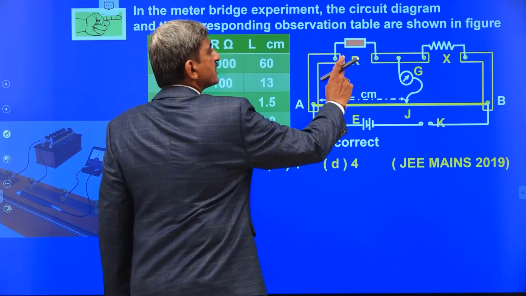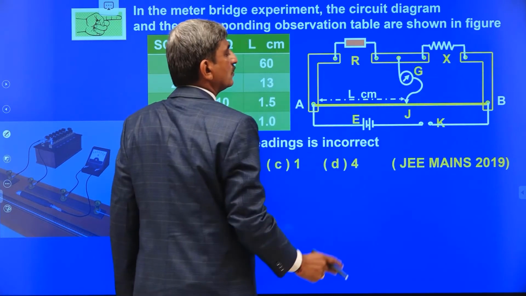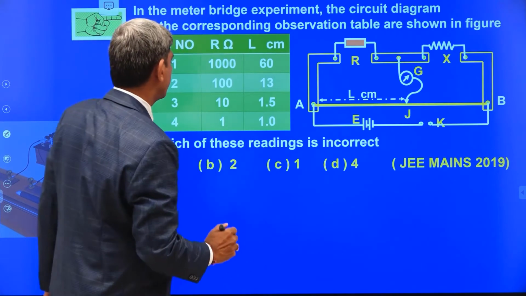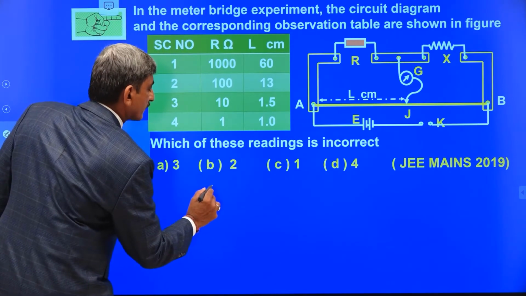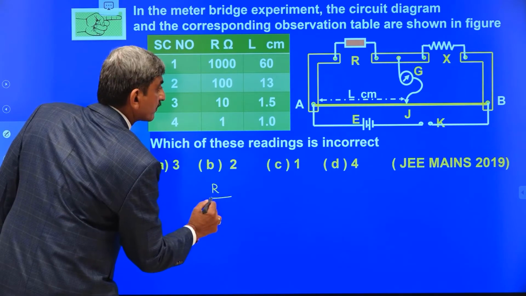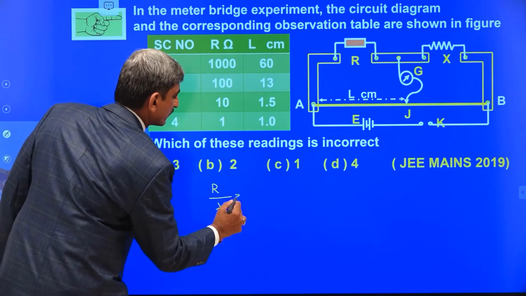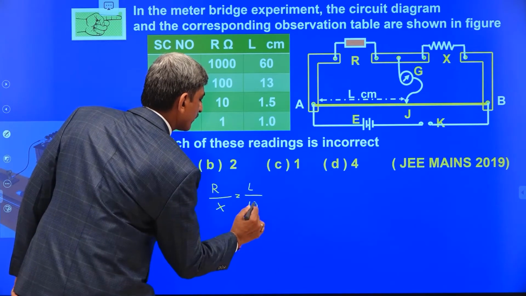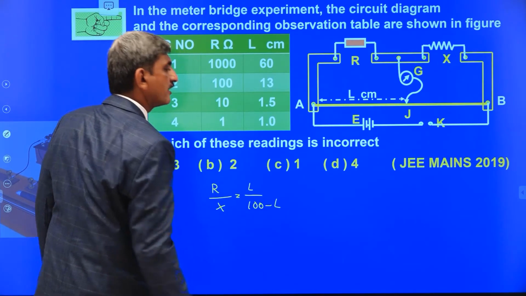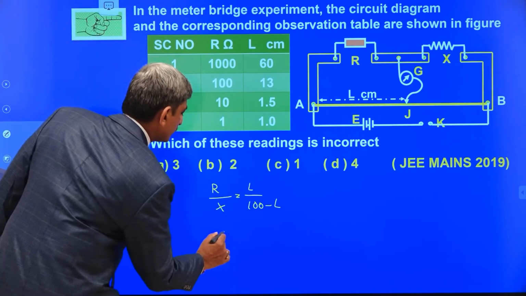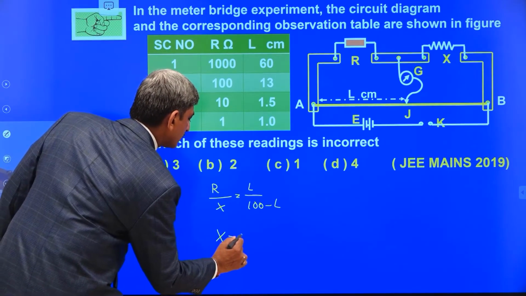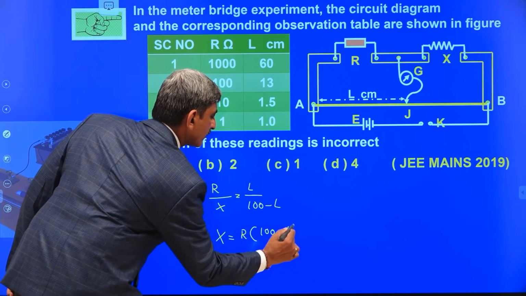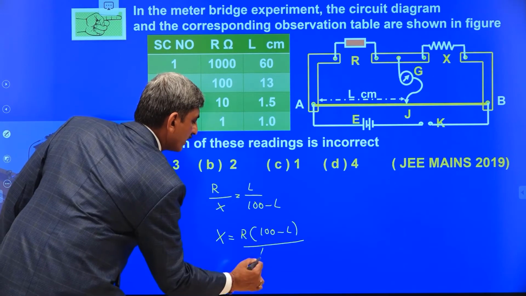The ratio of the resistances in the left gap to the right gap is equal to the ratio of the balancing lengths from the left end to the right end, that is R by X is equal to L by 100 minus L. From this we can write X is equal to R into 100 minus L divided by L.